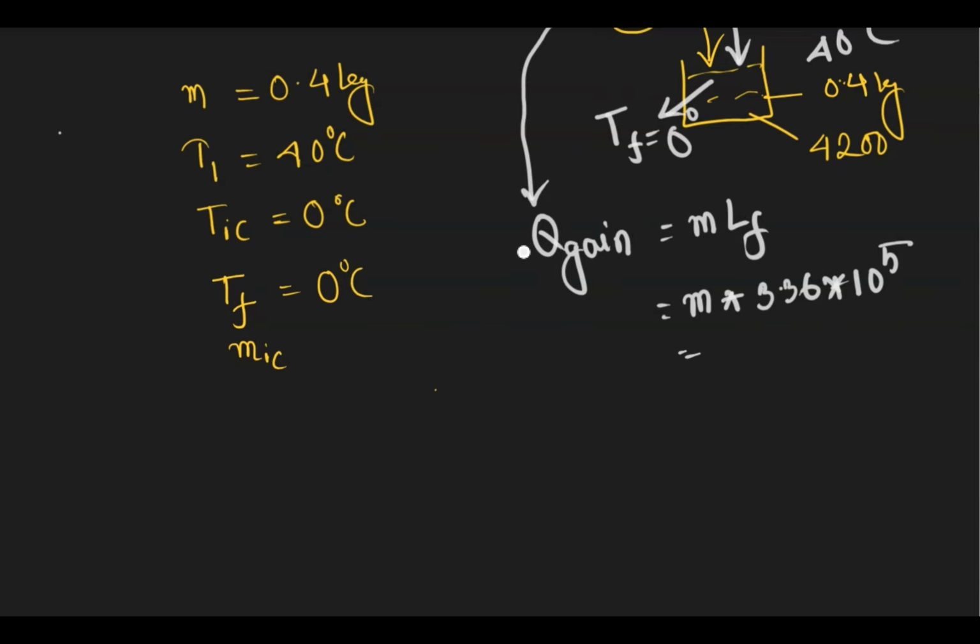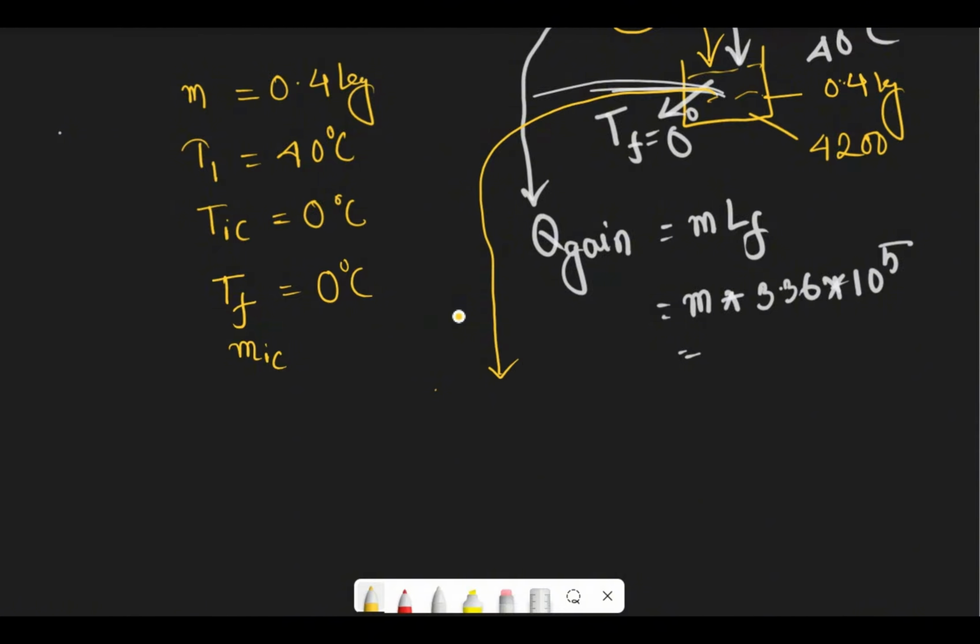And for water, the heat is lost due to the addition of ice. So it is m, the mass of water, times c of water, the specific heat, times the temperature difference. The temperature of water is 40 degrees Celsius and the mixing temperature is 0 degrees Celsius.